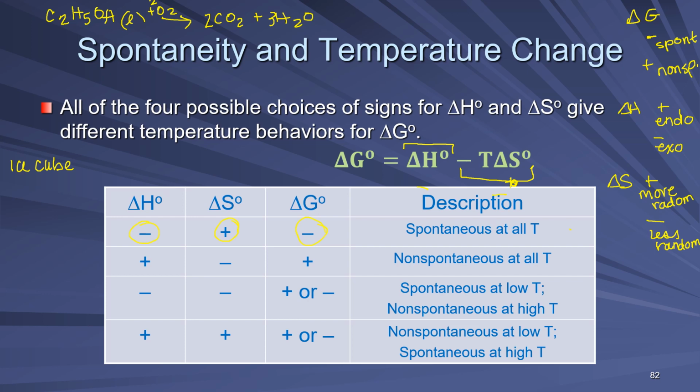Well, we know that the ice cube's going to melt. Is that endothermic or exothermic? Endothermic, yeah. Delta H is positive because to melt ice, we have to put energy in. If ice melts, is that more random or less random? Well, it's going from solid to liquid, so delta S is more random.